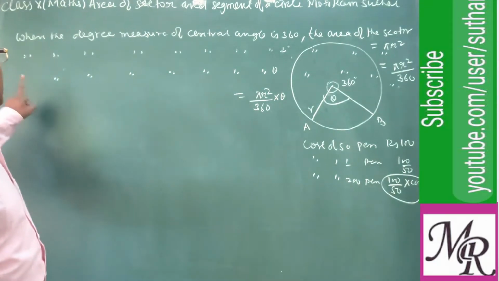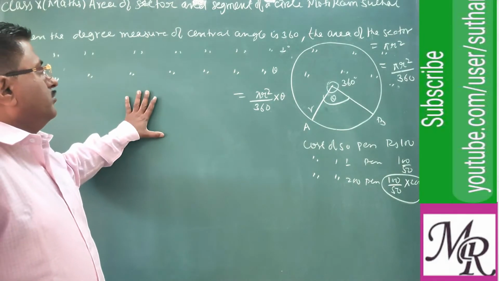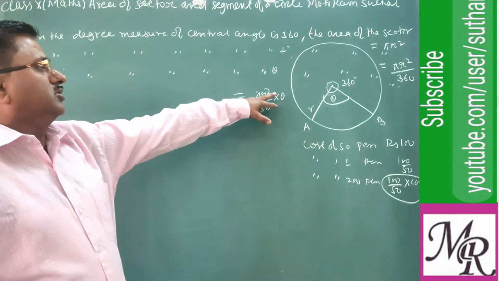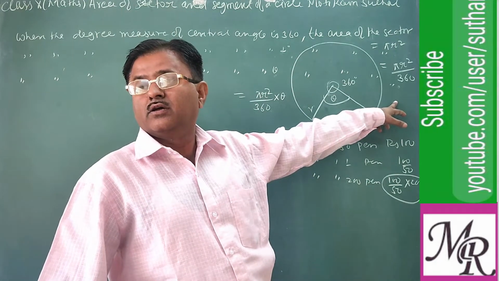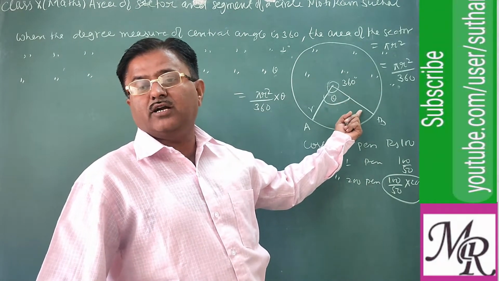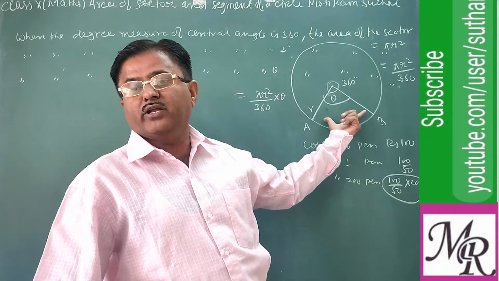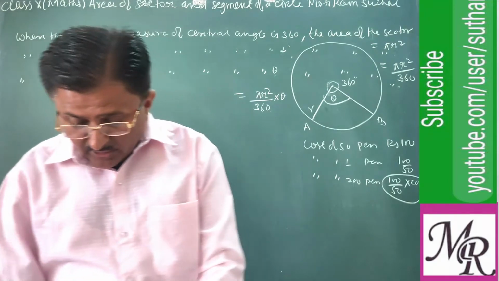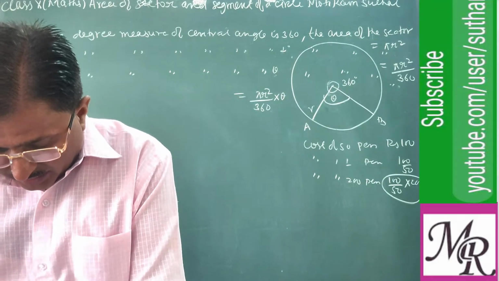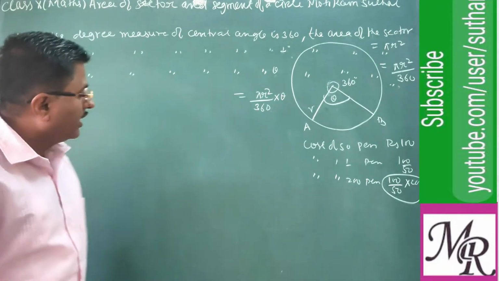So what do we get finally? When the degree measure of the central angle is theta, the area of the sector, because theta may be any value, like 30 degrees, 60, 90, 120, 180 or 360. So finally we obtain a relation or formula.